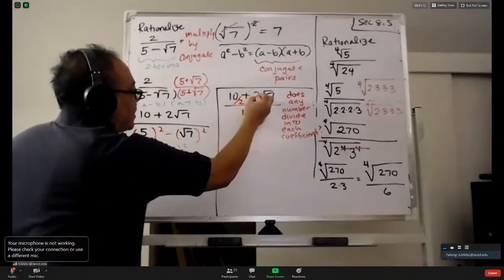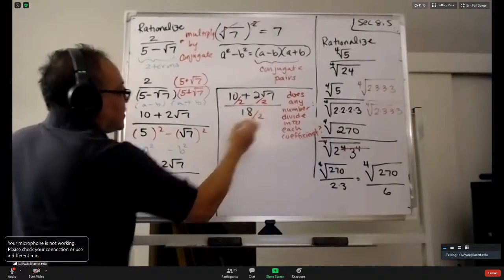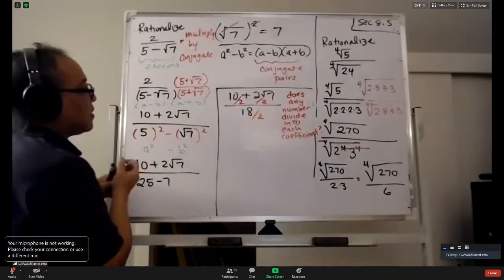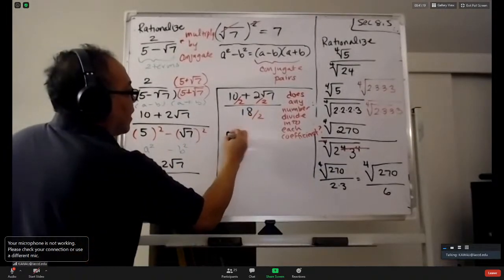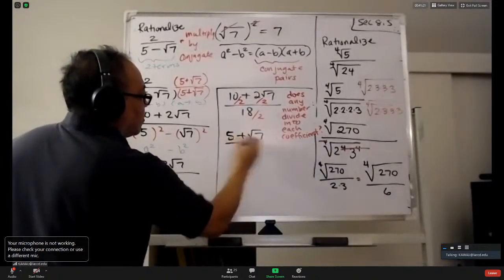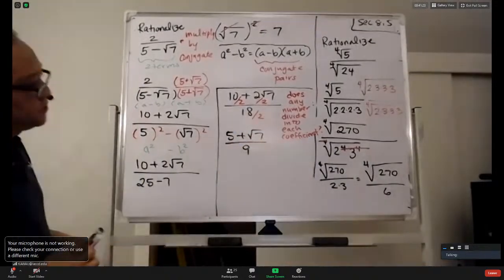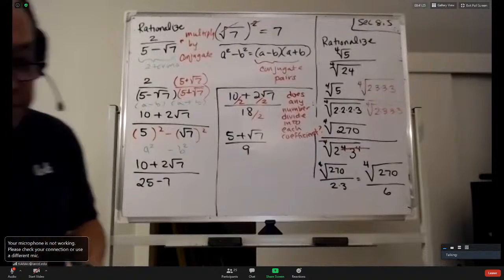2 divides into here, 2 divides into there, 2 divides into there. And then we get 5 plus square root of 7 over 9. Then that becomes our answer.